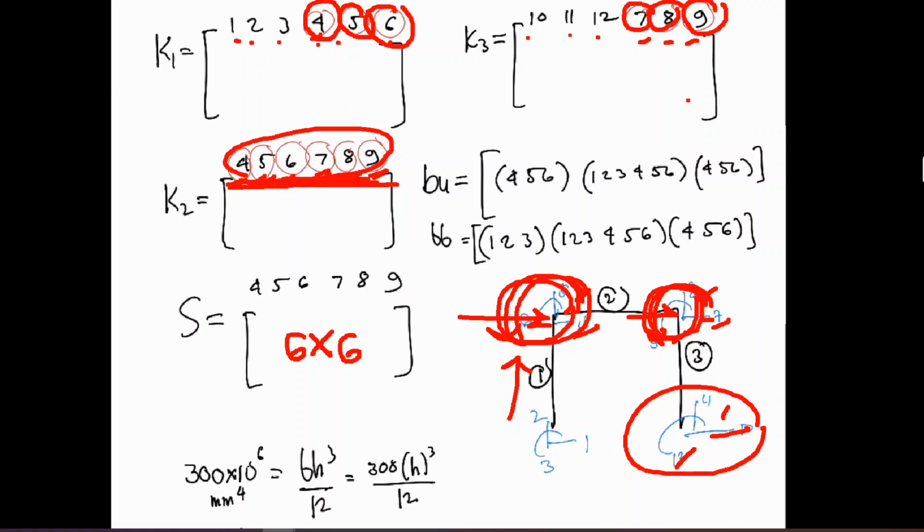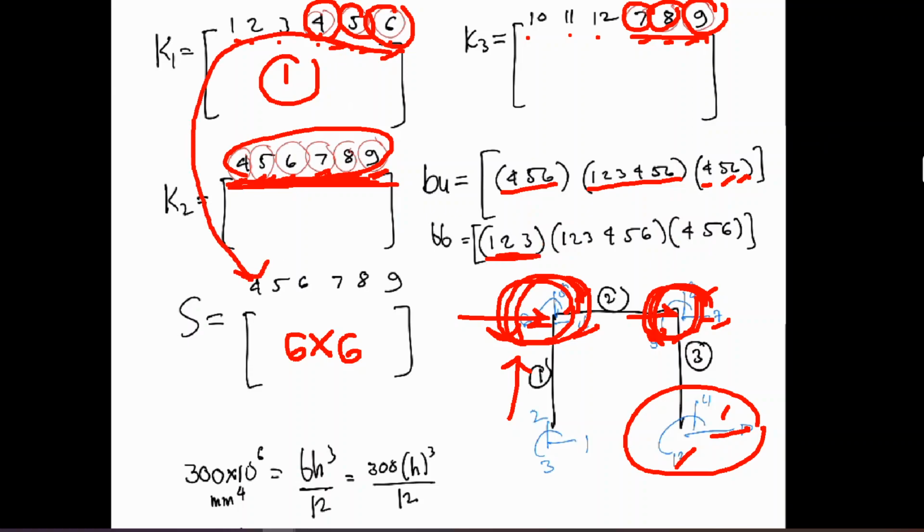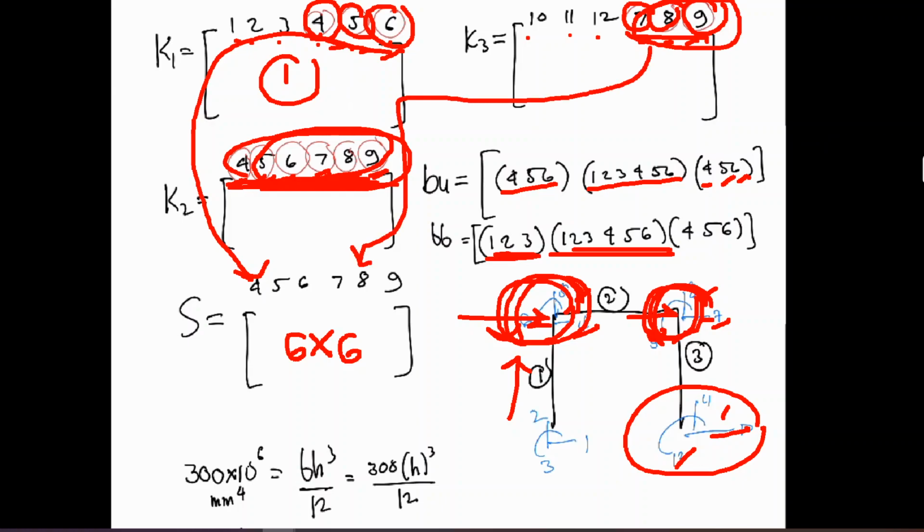That makes my BU matrix for member 1, the 4th, 5th, and 6th element. For member 2, all elements. For member 3, the 4th, 5th, and 6th element again. Now, what's the location of that? So that makes our BB matrix. 4, 5, 6 will be first, second, and third. For member 2, this one occupies the 6th element. For member 3, 7, 8, 9 occupies the 4th, the 5th, and the 6th.